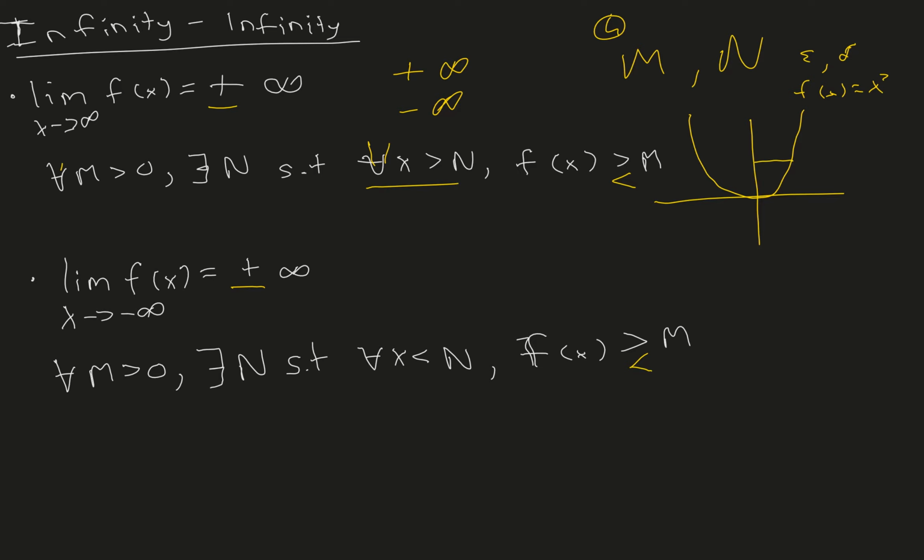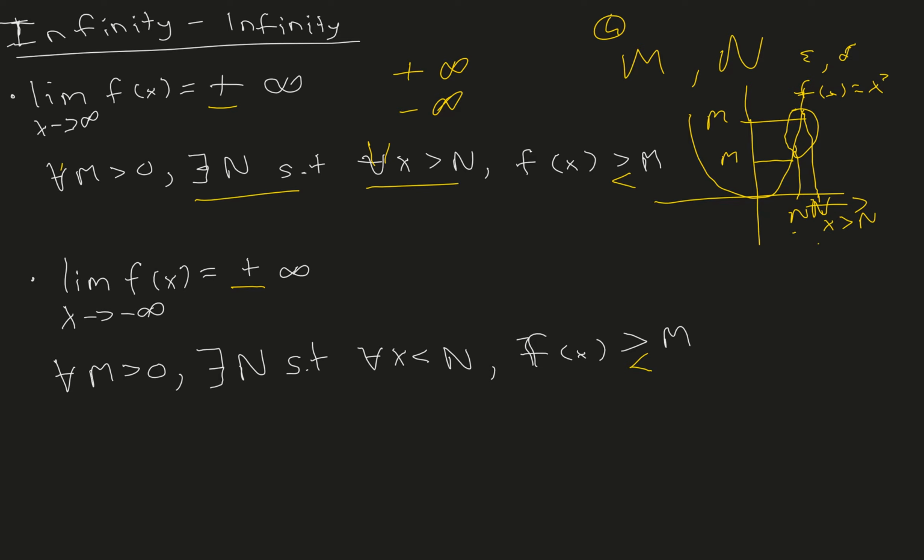Let's say we put this as M, so for all M greater than 0 there exists some N such as this right here, such that for all x, remember this is the x-axis, for example x equals 10, x equals 15, so for all x values greater than N, we'll find the graph f(x) being greater than M. And if we find an even larger M, we'll find an even larger N such that for all x greater than N, f(x) is greater than M.